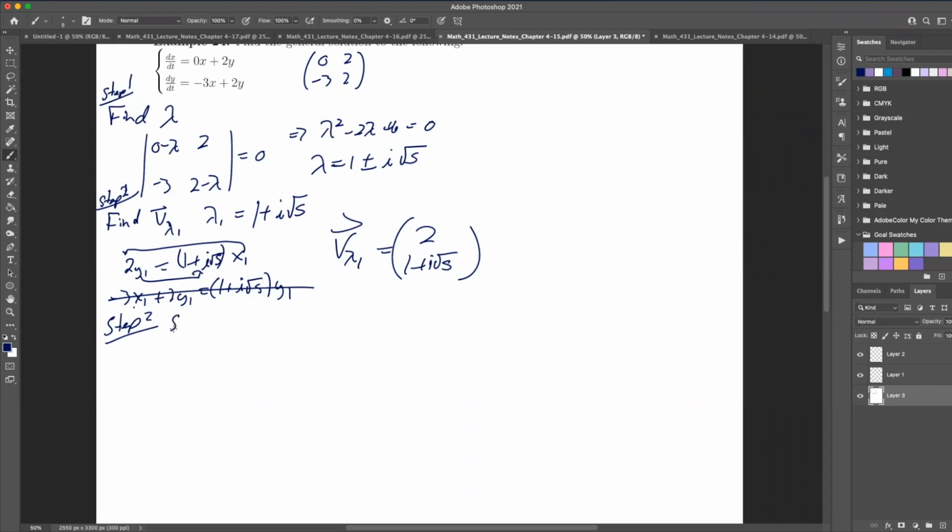So we need to split y1 into y real and y imaginary. So that's our next step. So we're going to split into y real and y imaginary.